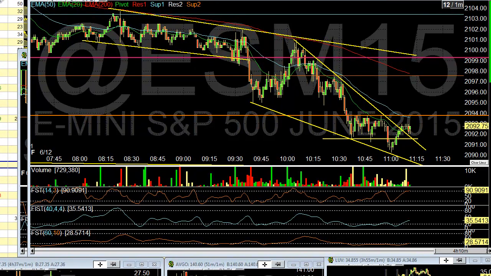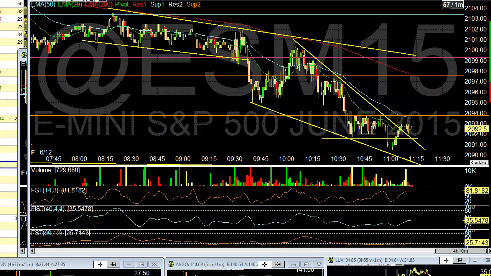The one thing you have to pay attention to, again, is how things typically work. You get that little bounce off the lower trend line. You push up here. You kind of retrace back a little, see if we get some follow through, or do we fail and move down. Love to get a little pop here.